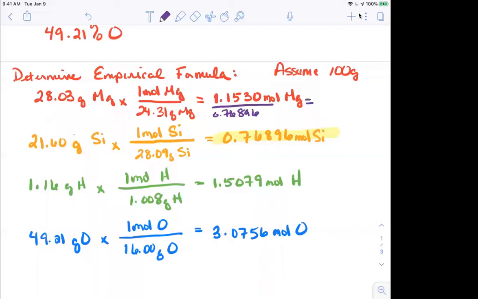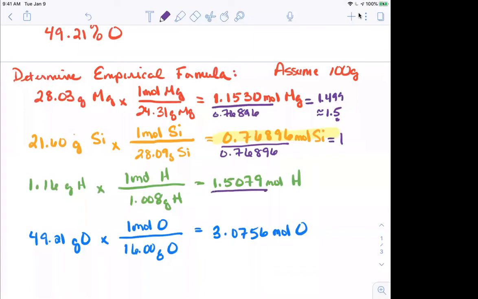This is going to be 1.499, which is 1.5. Remember, that ends in a 0.5, so that's not an integer. We're going to have to do something with that. The silicon is just divided by itself, so that is going to equal 1.